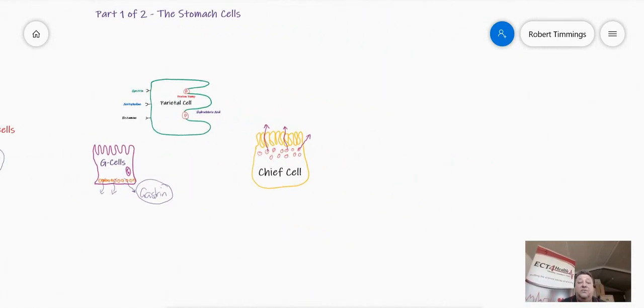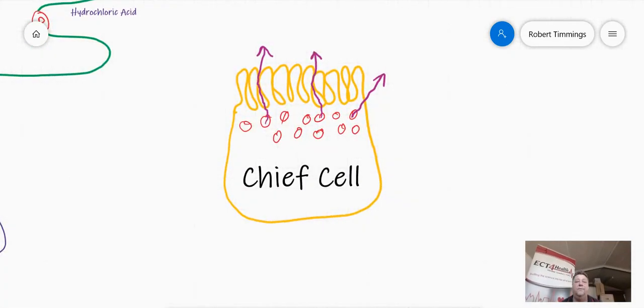The chief cells do secrete their substances into the gastric lumen, and they are responsible for secreting a protein called pepsinogen. I'll write that one down. Pepsinogen. Right now your chief cells are secreting pepsinogen into your stomach, and it all becomes part of your stomach juices.